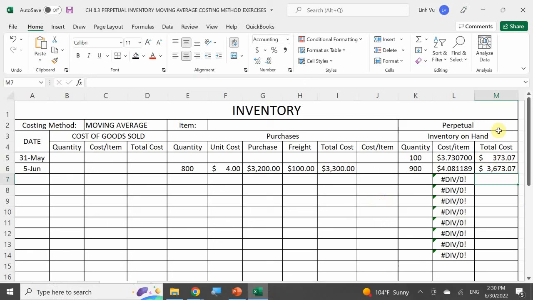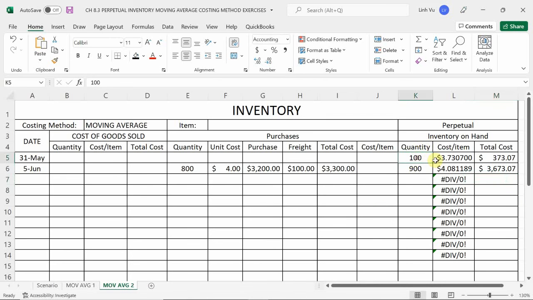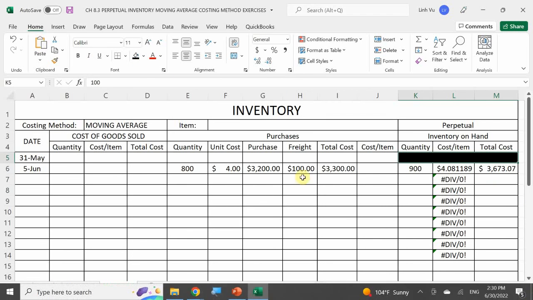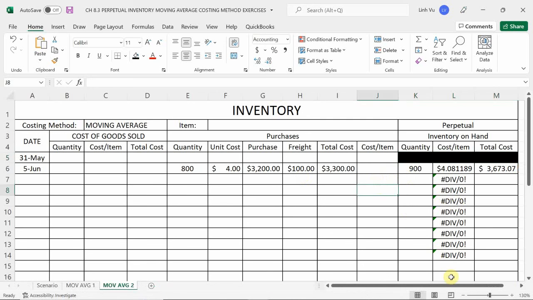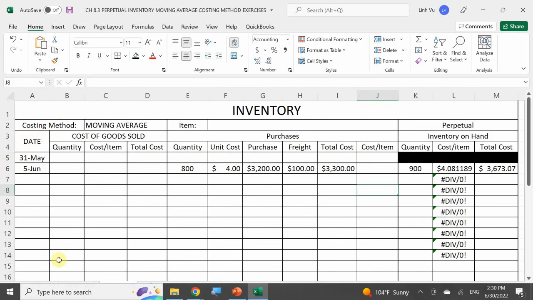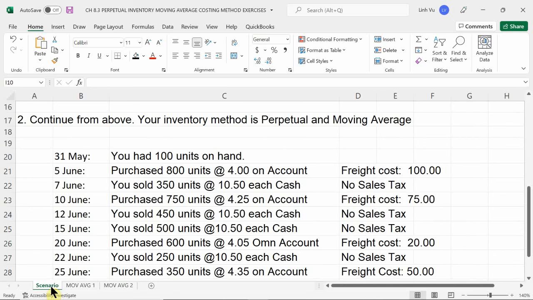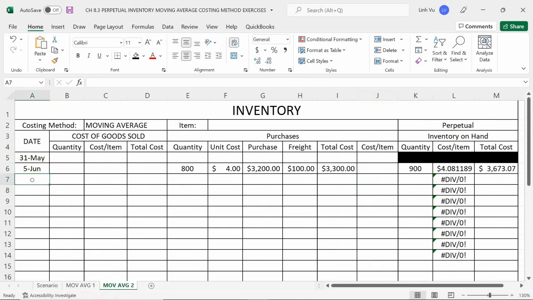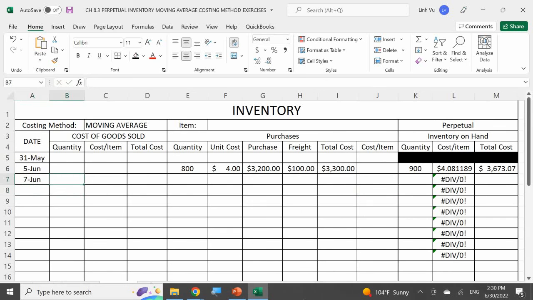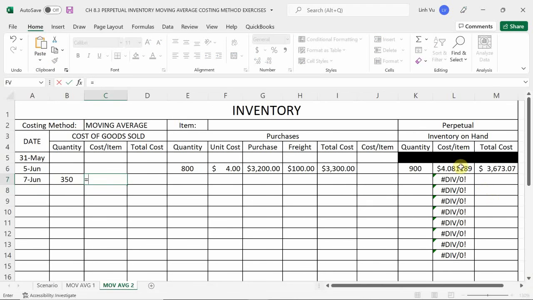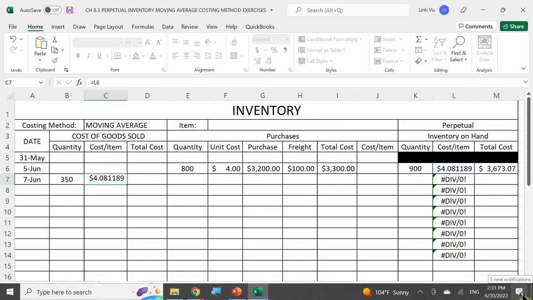Okay, so that's going to give me an average cost of $4.81189. Okay, and I'm going to hide this because I don't need to see this. Right, so next, on June 7, we sold 350 units. Okay, average cost right now is 4.0811.